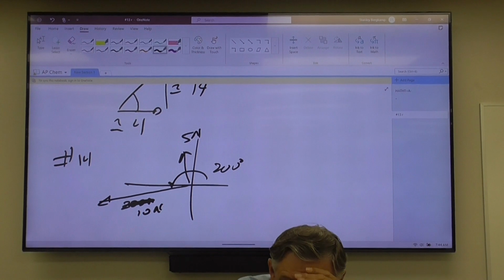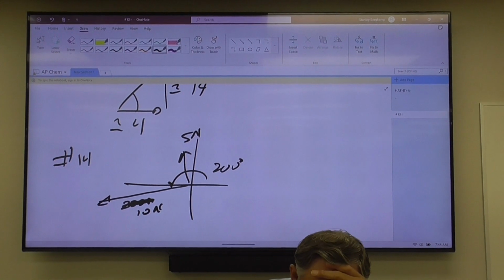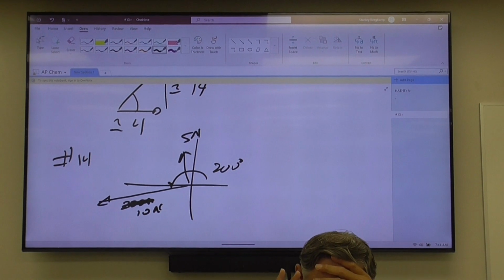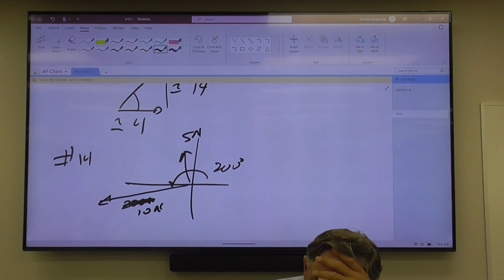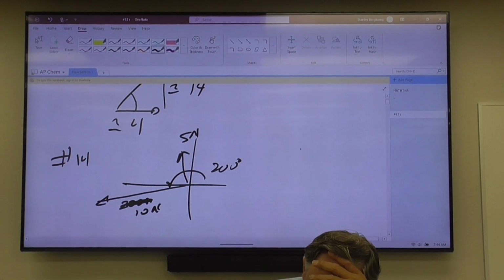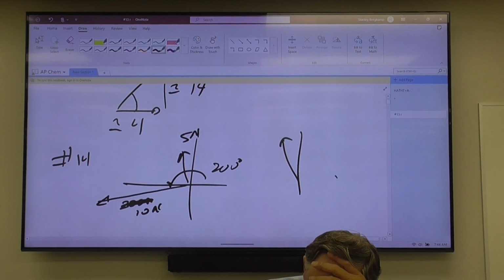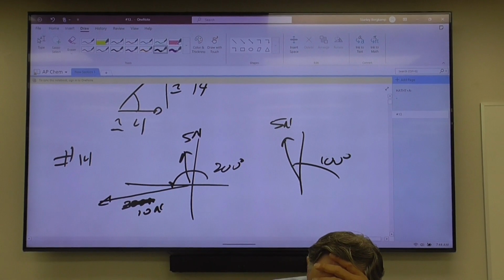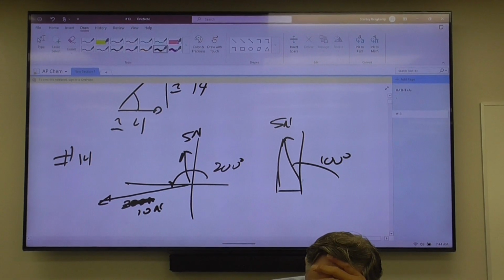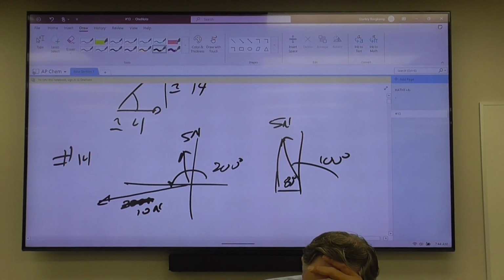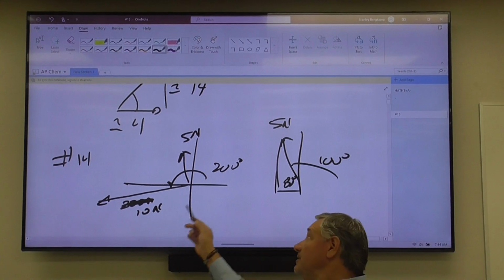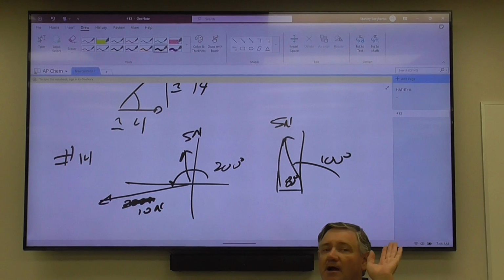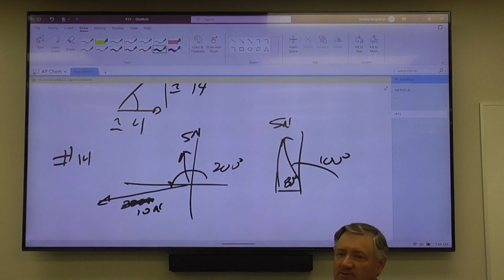All of these have 3 significant digits, so when you calculate any x and y component, keep a minimum of 3 significant digits. Now, here's the choice you need to make. If you look at that 5 Newton force at 100 degrees, you can either work off the 100 degrees, or you could work off that 80-degree angle and use the 80 degrees to find your x and y components. I care not which one you do.